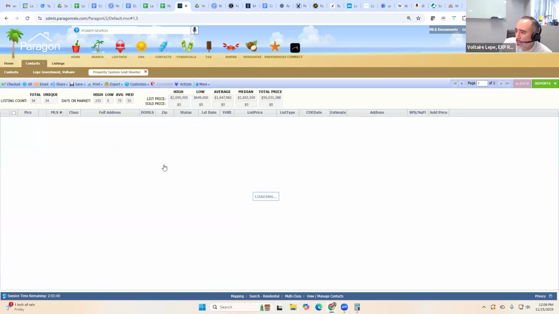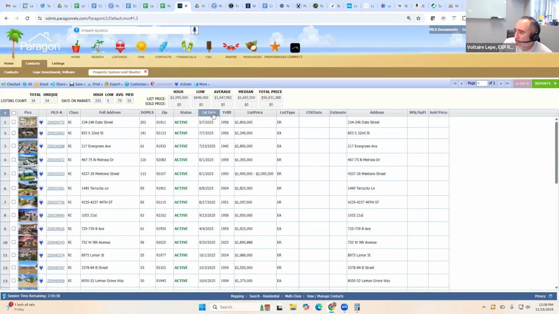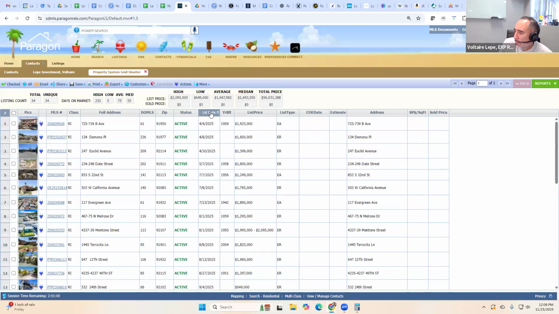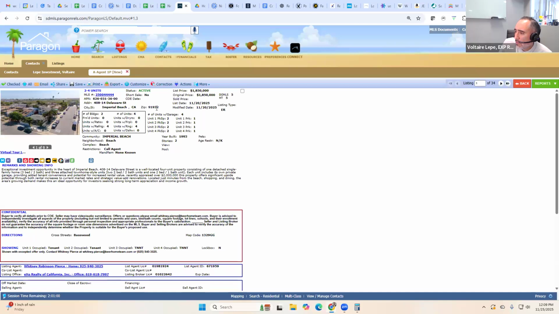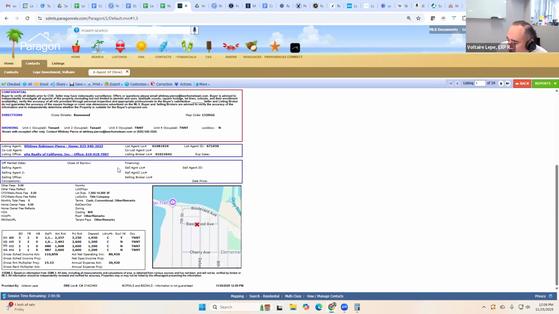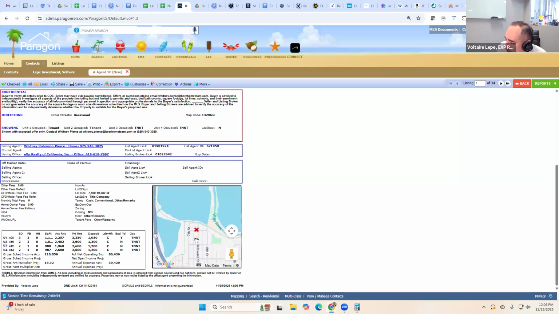Let's just go in here real quick and see what we got as far as fourplexes. I'm looking at any new, so I'm going to look at fourplexes. So there's a fourplex, four units in IB, right here, close to the water.